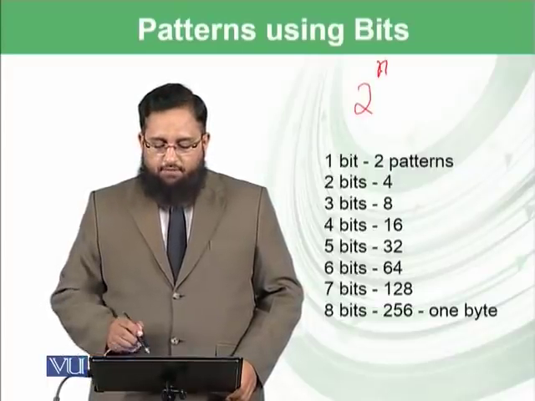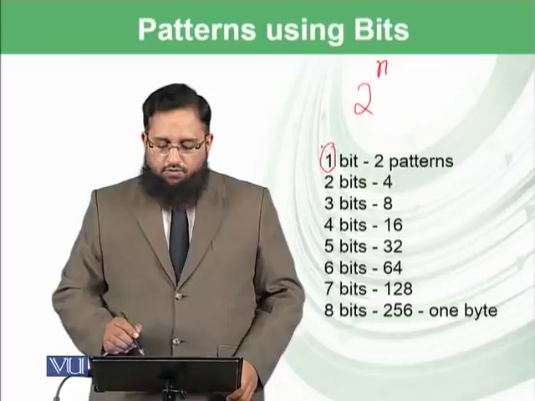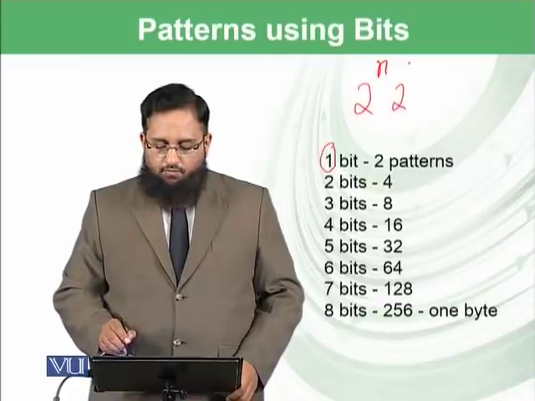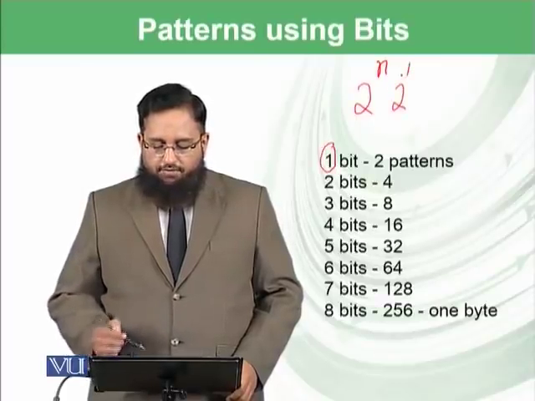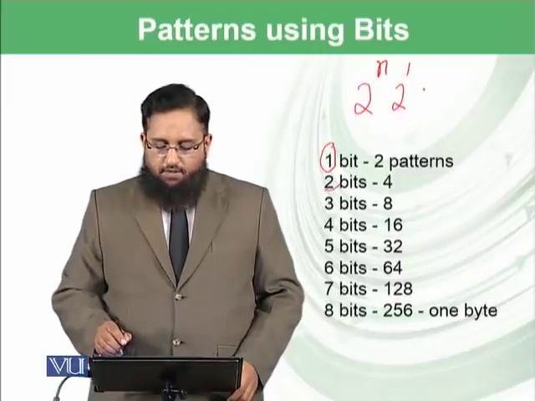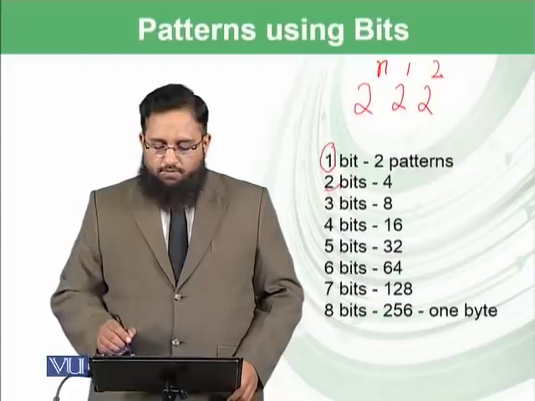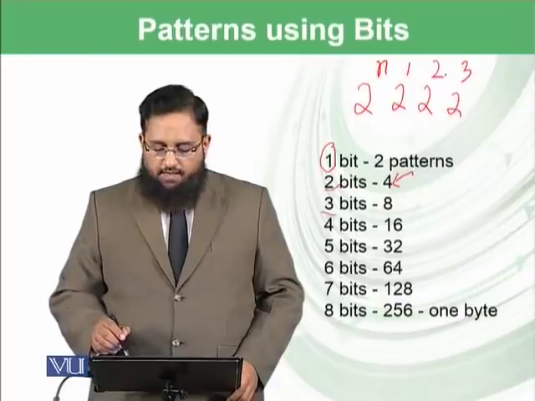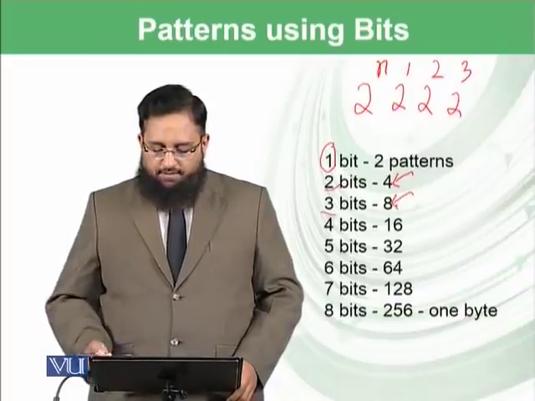So for example, if we have 1 bit, 2 raised to power 1, which is 2 patterns. If we have 2 bits, then it will become 2 raised to power 2, which will become 4 patterns. If we have 3 bits, 2 raised to power 3, it will become 8 patterns.